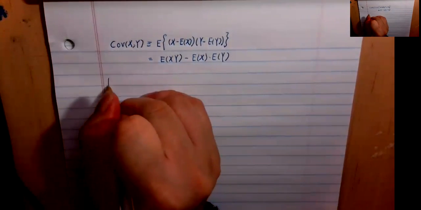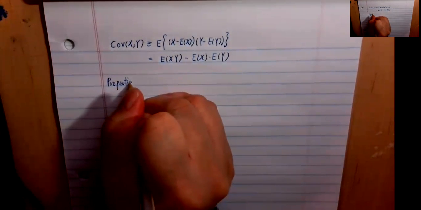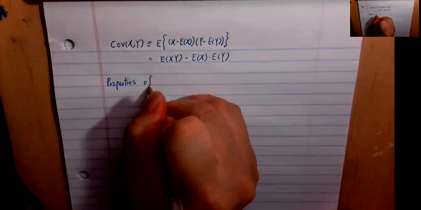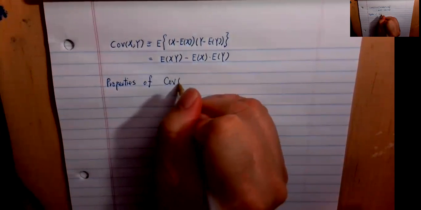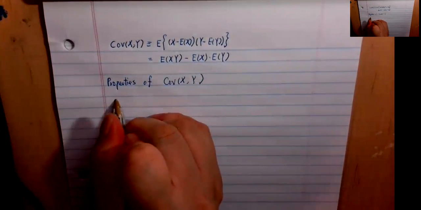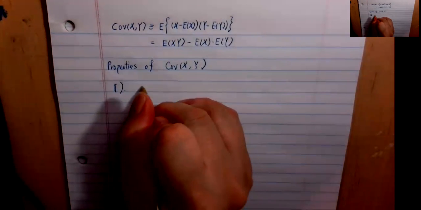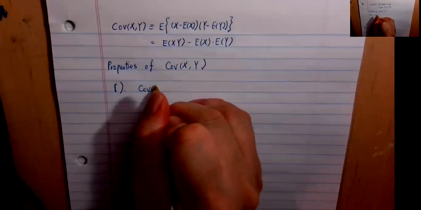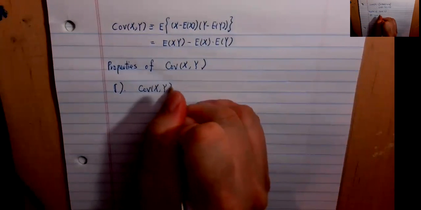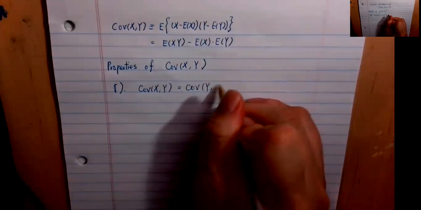Next one, we're going to talk about properties of covariance XY. Property one, okay? Covariance XY is equal to covariance YX.